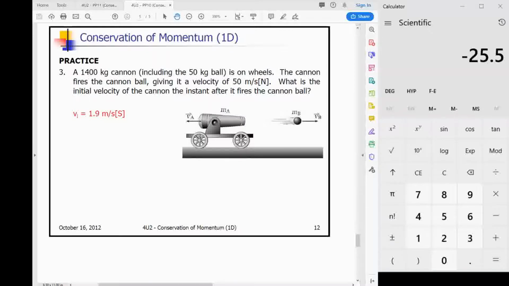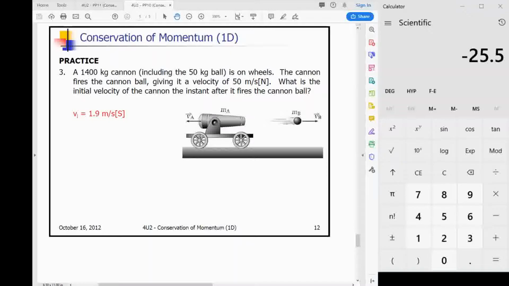So what I'm going to do, I'm just going to write down my givens. I'm going to separate it because our MA is really 1,350 kilograms and our MB is 50 kilograms.